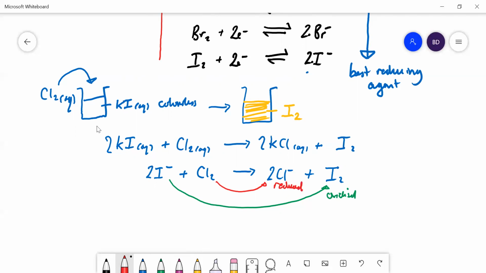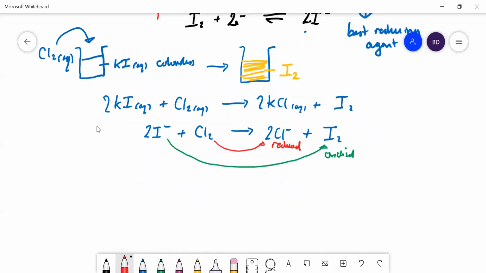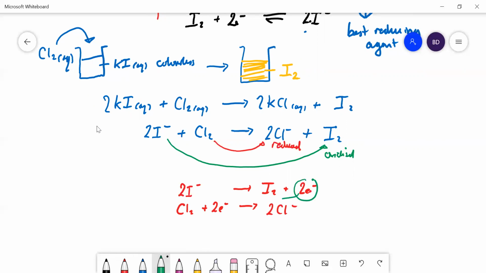We could write that down as two half equations, which we've actually got up there already, but I'll just write them again. So we've got 2I minus goes to I2 plus 2 electrons, and Cl2 plus 2e minus goes to 2Cl minus. And of course, these electrons get passed on to there.